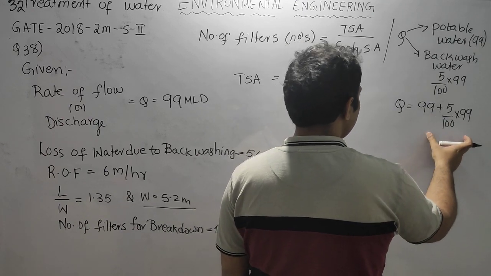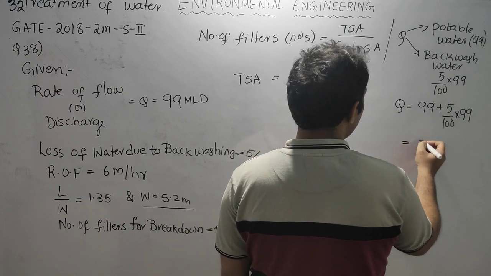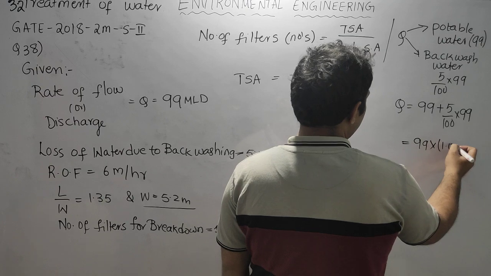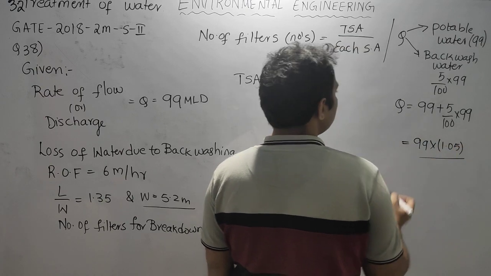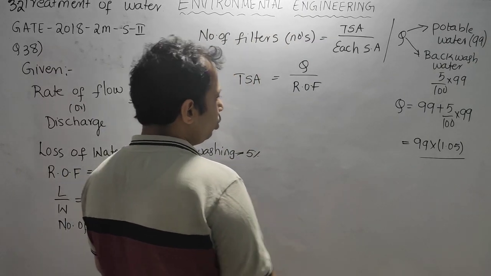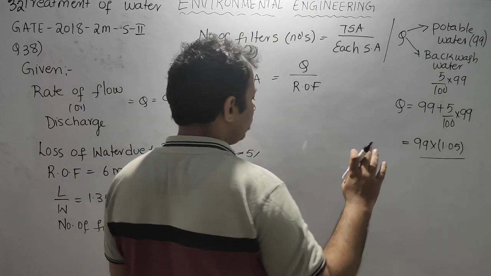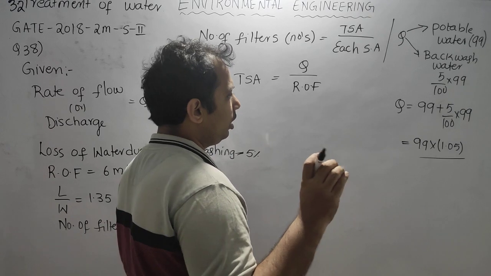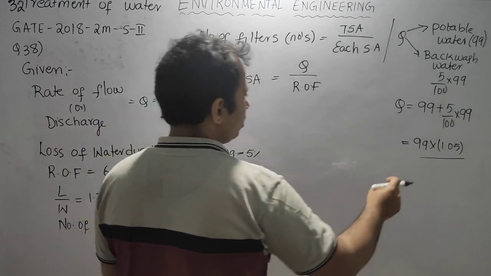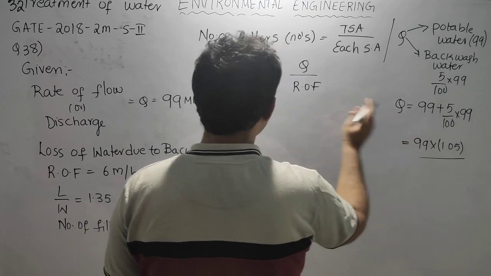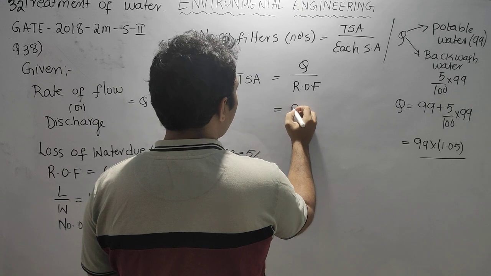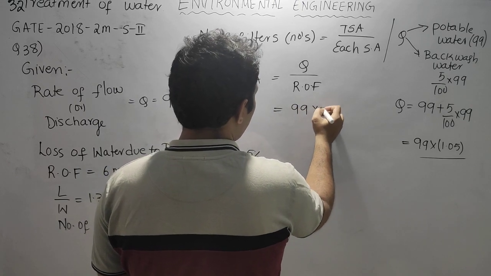So this much we need to generate, that is nothing but 99 into 1.05. This is the value of Q. Though you take 99, nothing much difference will come, it is hardly 1 or 2 liters only. But conceptually we need to take this as Q. So for getting the total surface area, Q is 99 into 1.05.